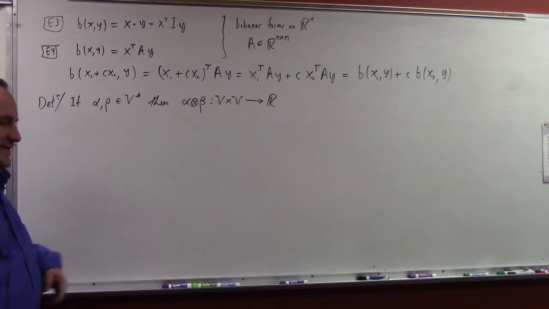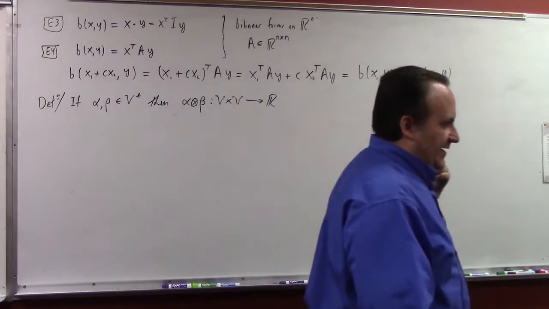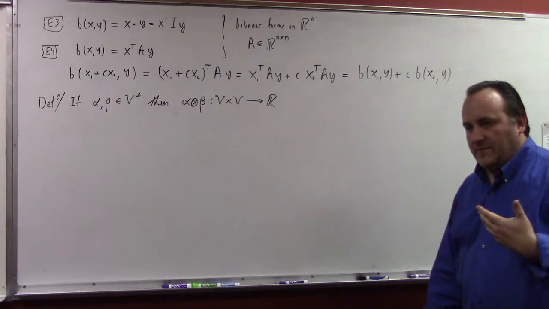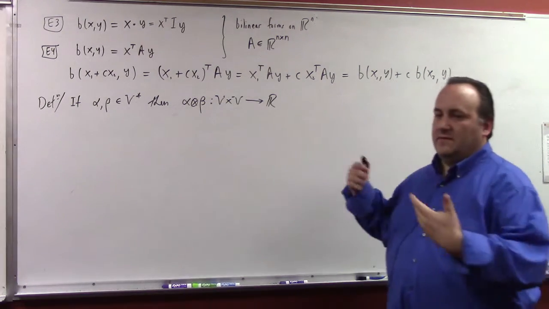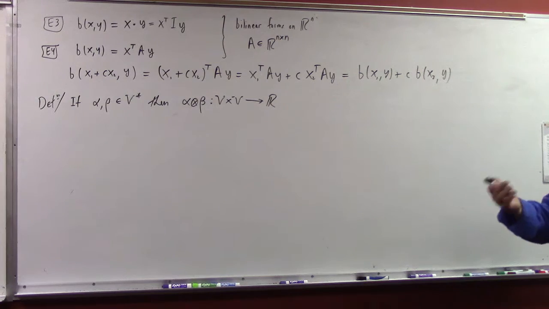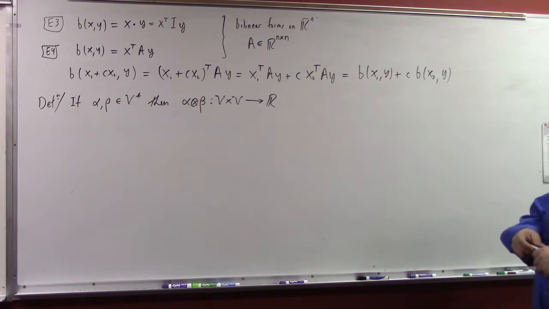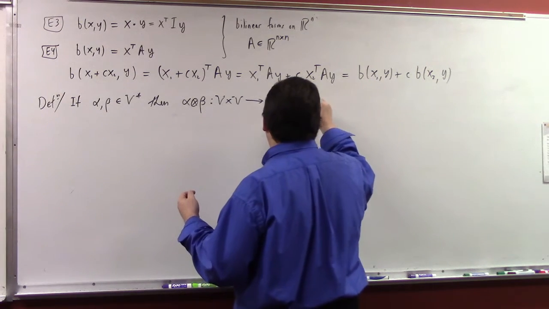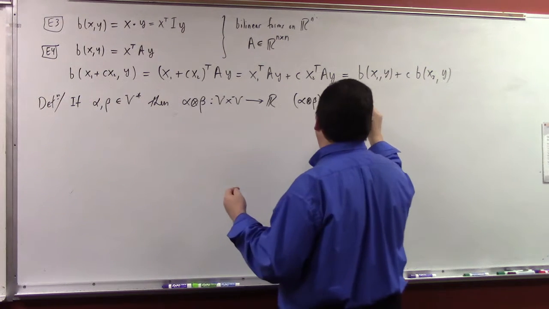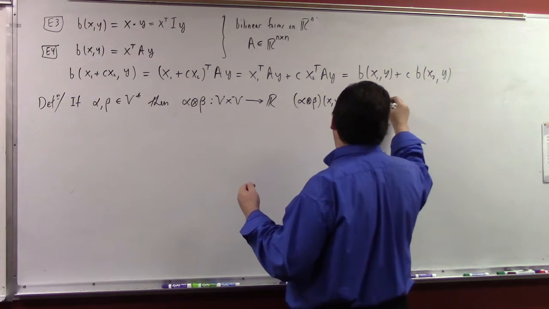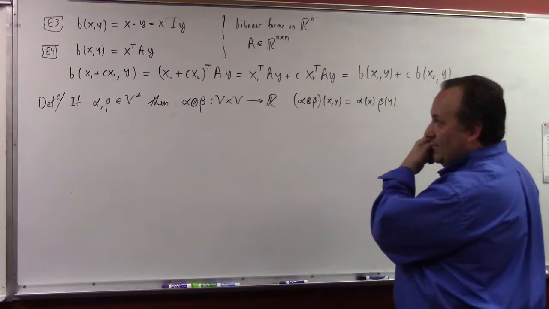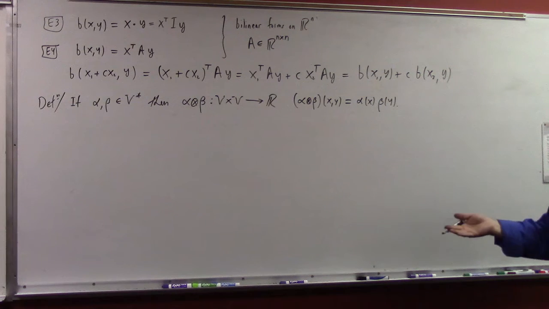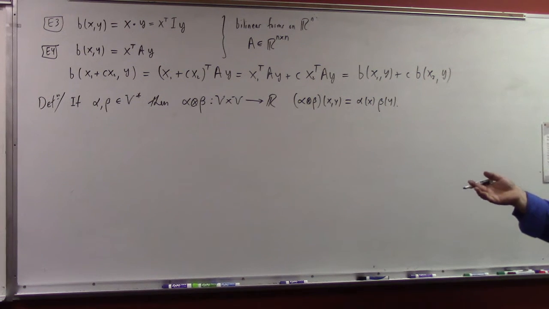And again, in my proof of the previous thing, I indicated that I don't have to have alpha and beta from the same dual space even. I can still meaningfully define the tensor product of two dual vectors even if they're from different dual spaces. But here it would be alpha of x times beta of y. Right, yeah. And you can easily prove that alpha tensor beta is a bilinear form. Okay?